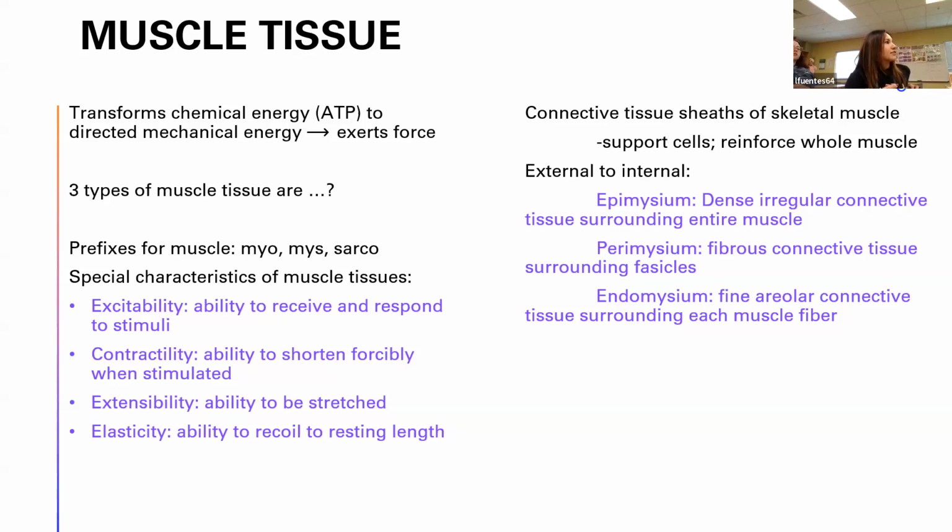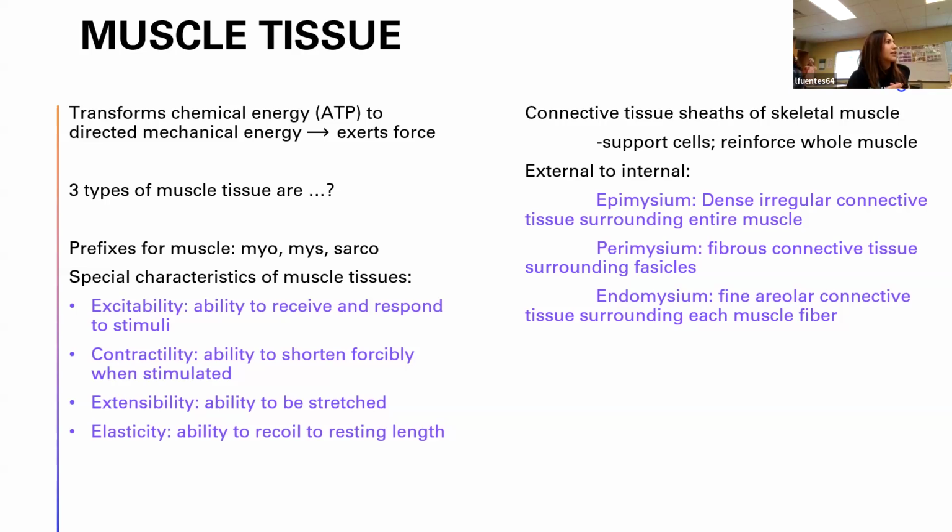And then connective tissue sheets of skeletal muscle. These support cells and reinforce the whole muscle, which I'm going to pull up the picture of in a second. If we work from external to internal, these are the layers: the epimysium, perimysium, and then endomysium.